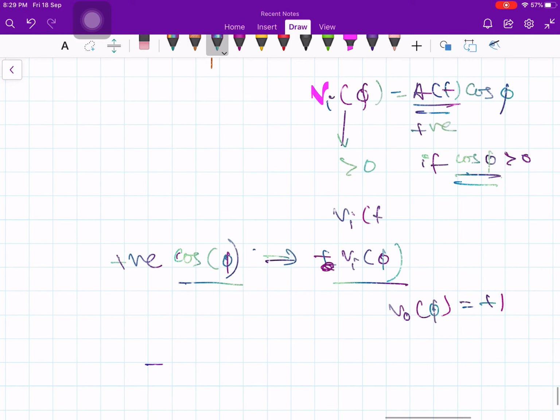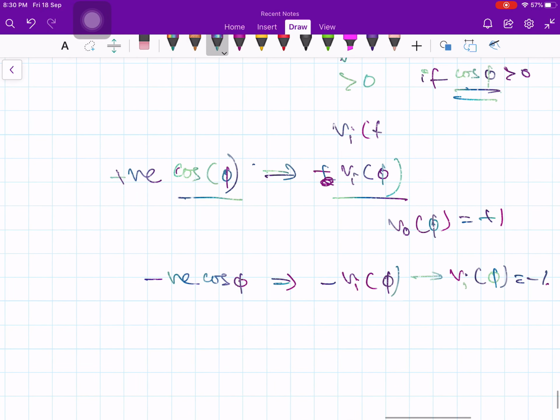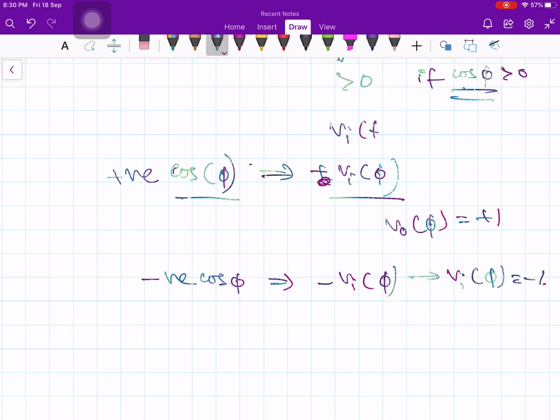Negative cos phi implies negative vi of phi, and this results in v naught of phi equal to minus 1. Okay, therefore what does it mean? If the input is even slightly positive, the output becomes 1. If the input is even slightly negative, the output becomes minus 1. That is the definition of the hard limiter.